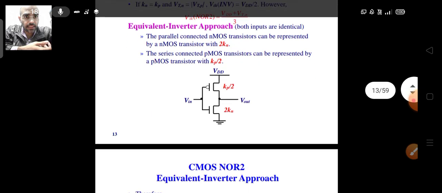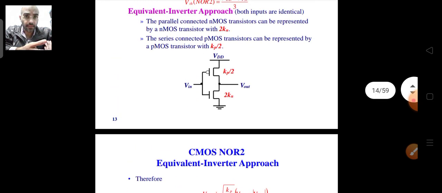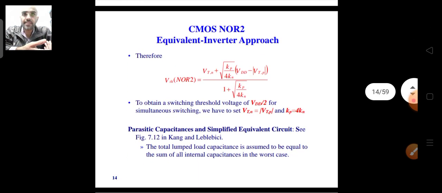Now if you remember the equation of the threshold voltage of your CMOS inverter, you can substitute the Kn and Kp values of this equivalent transistor in that formula, and you can easily get the function of VTH. So it is the other way to find this.